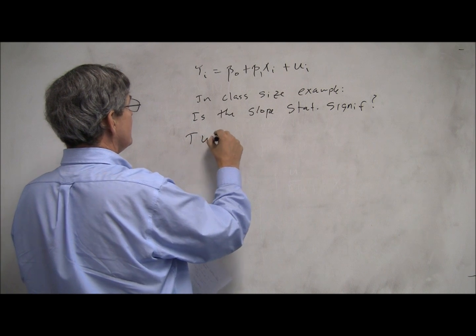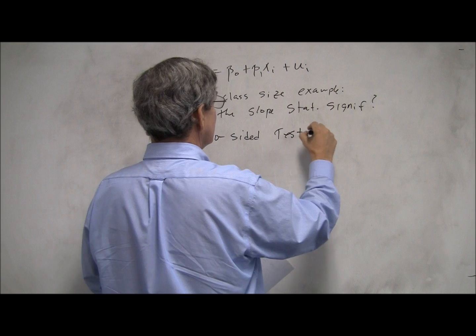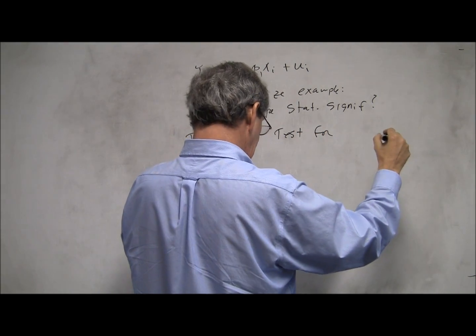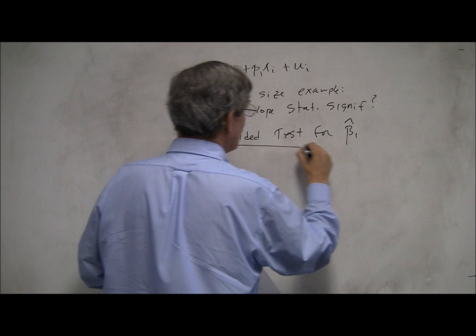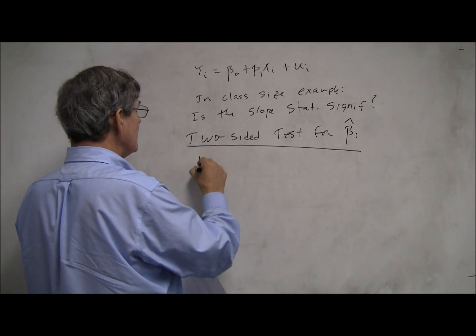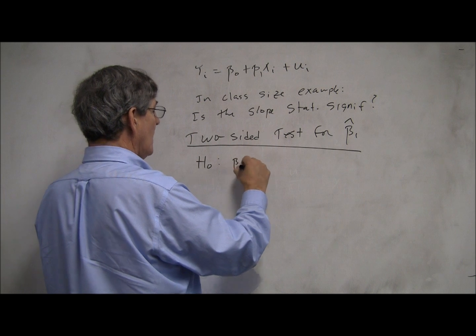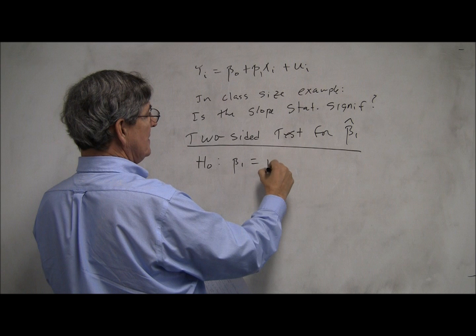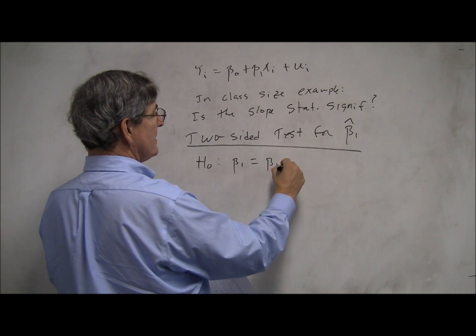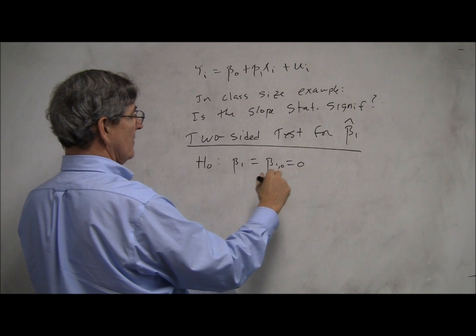Let's start off with a two-sided test for beta 1 hat. So in the class size example, our null hypothesis is that beta 1 is equal to, and the book uses beta 1,0 as the hypothesized value, and that's going to be 0.